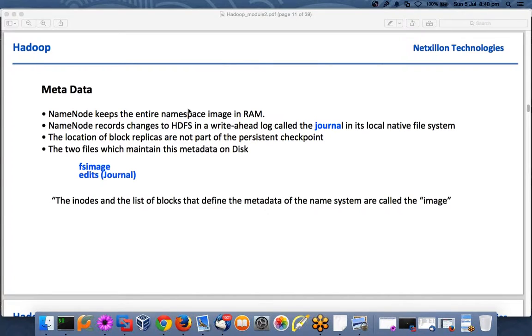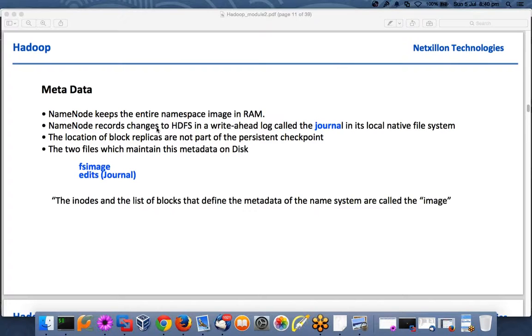What is namespace? Namespace is simply a file structure, a file system data structure, always in memory while it is running, and at the same time it will keep persisting it to a journal and to the disk.